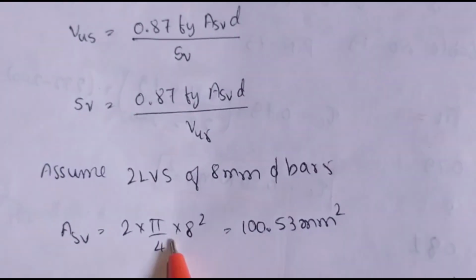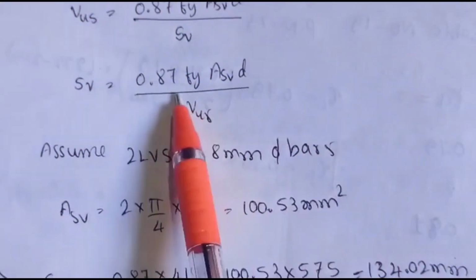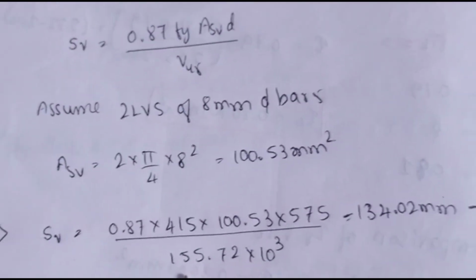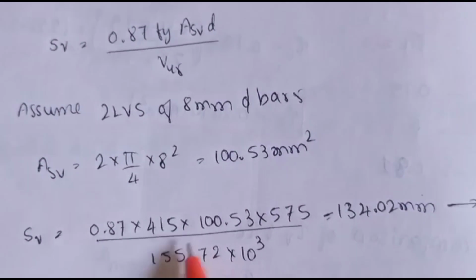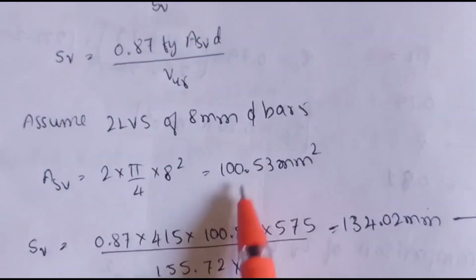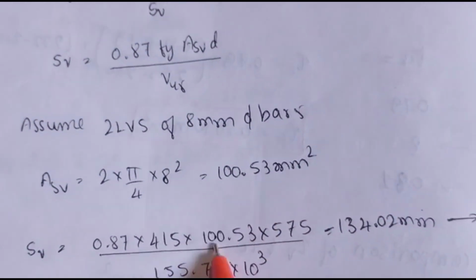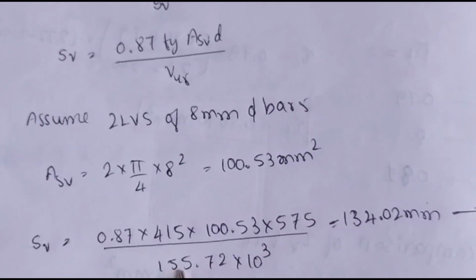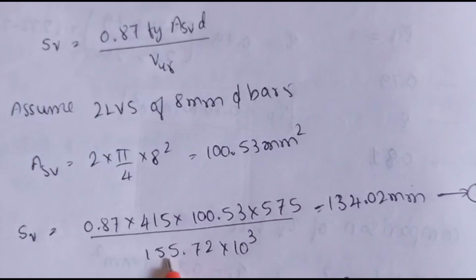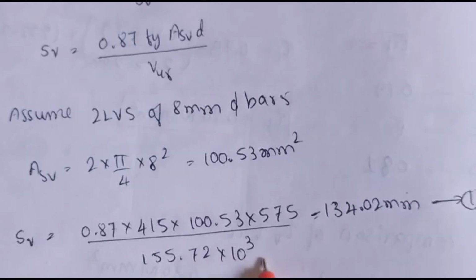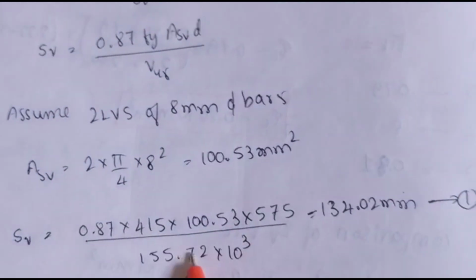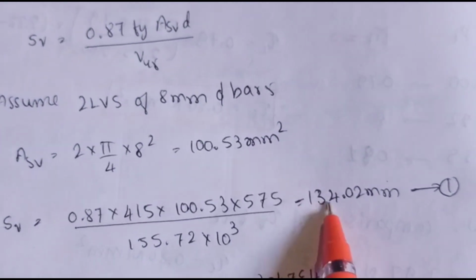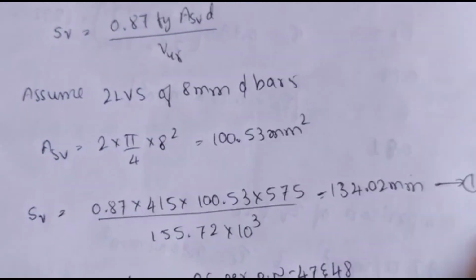So substitute this value in this equation: 0.87 into fy value 415 into Asv, which we calculated, that is 100.53, and our d value is 575. Our Vus value is 155.72 into 10 to the power of 3. After simplifying, we'll get our Sv value as 134.02 mm. So call it equation number 1.